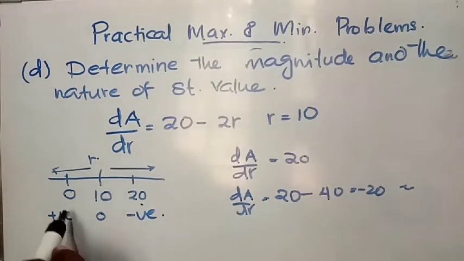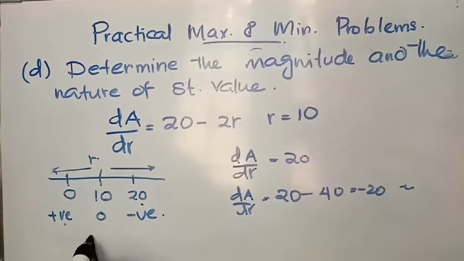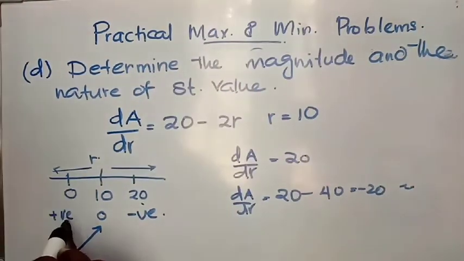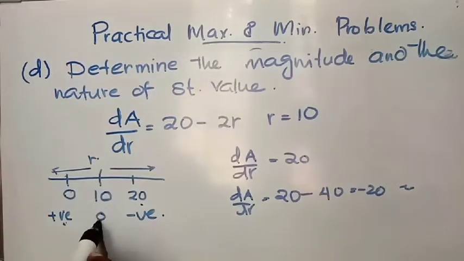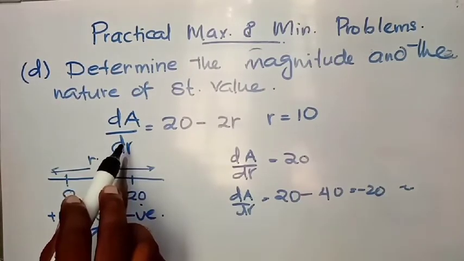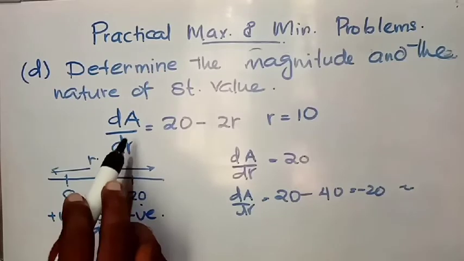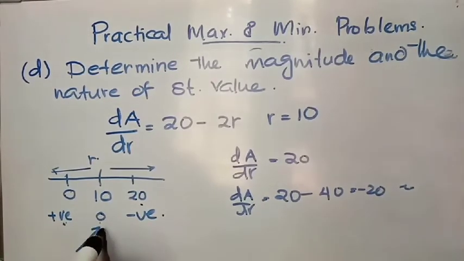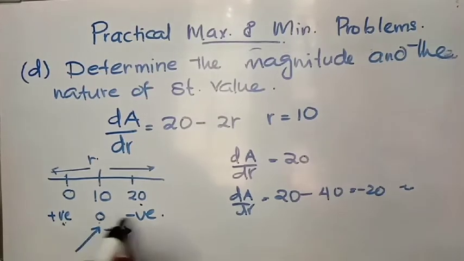So the left side of the stationary value is positive. Positive means increasing, meaning the gradient is positive. As per our definition, dA by dr is the gradient at a certain value of r. So dA by dr positive means gradient is positive, then gradient is 0, and then gradient is negative.